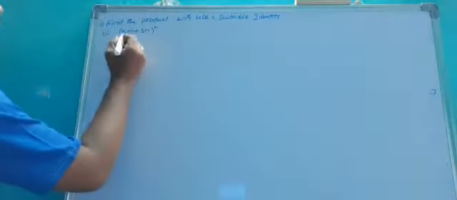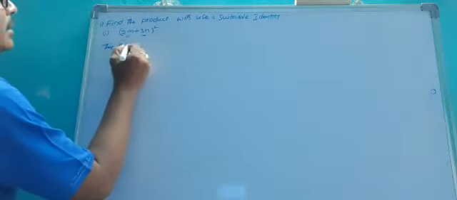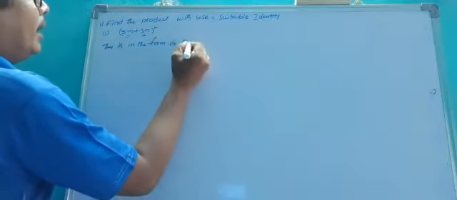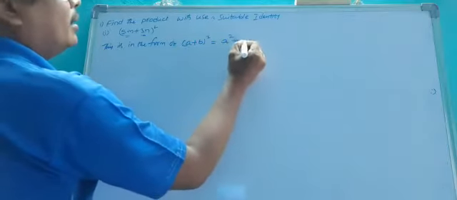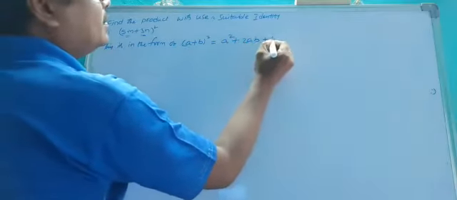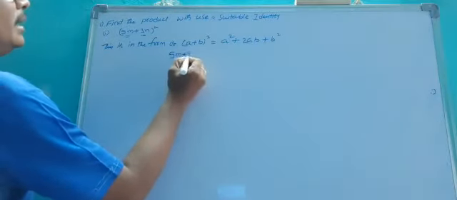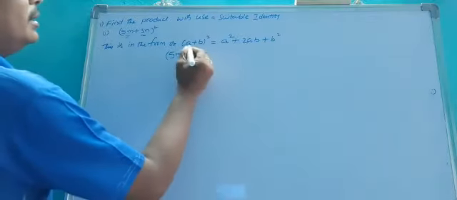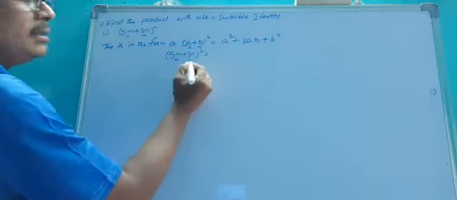So this is in the form of (a + b) whole square equals a square plus 2ab plus b square. So (5m + 3n) whole square equals, here a equals how much? 5m, and b equals how much? 3n.